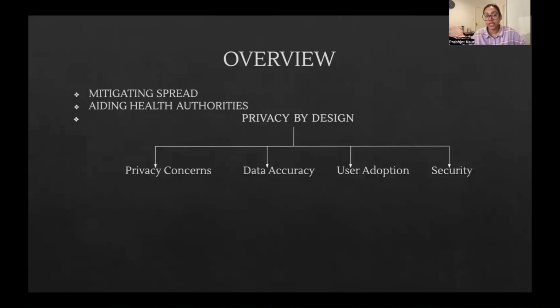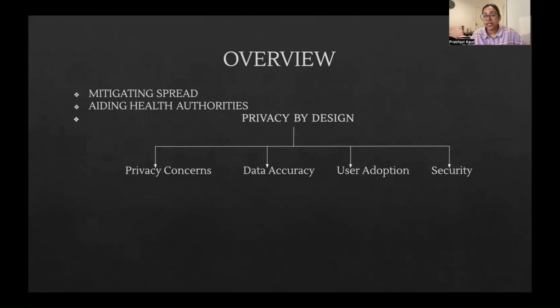Overall, this application is targeted towards mitigating the spread by alerting the users that might have been exposed to COVID. It also aids health authorities by notifying them of the exposed users so that they can take precautionary measures. We adhere to the privacy by design standards by targeting privacy concerns of users, that is, their confidential information will not be exposed at any given time.